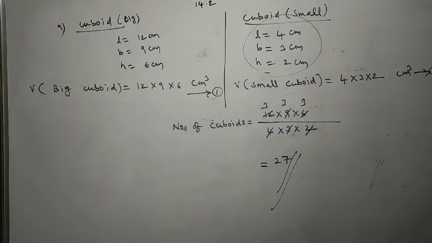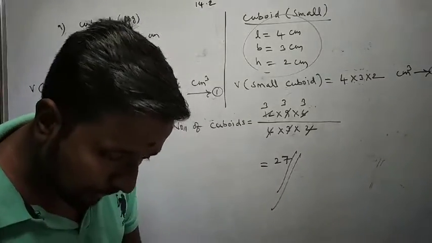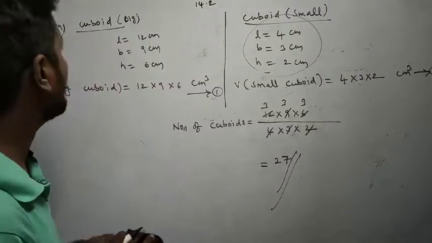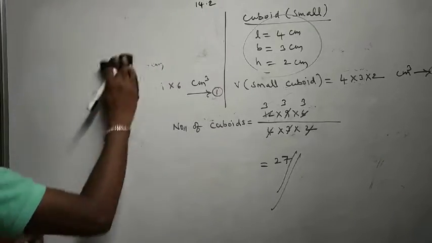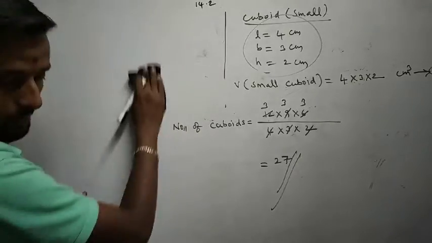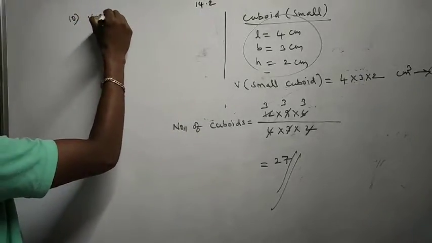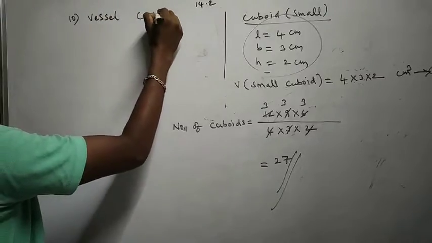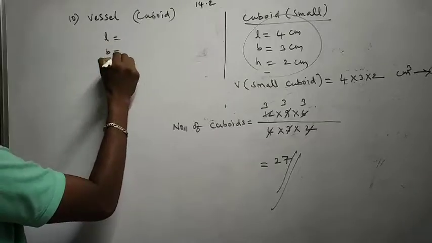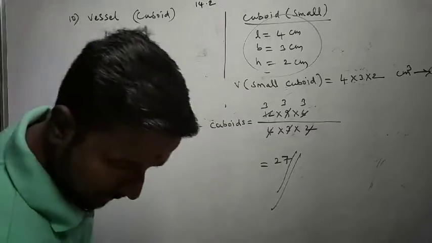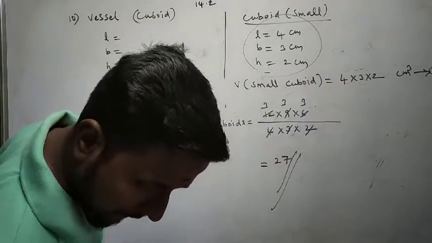The last problem from the exercise. A vessel in the shape of a cuboid, 30 centimeters long, 25 centimeters wide, height we don't know.